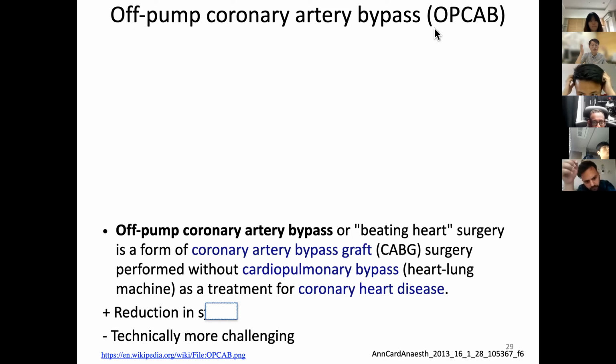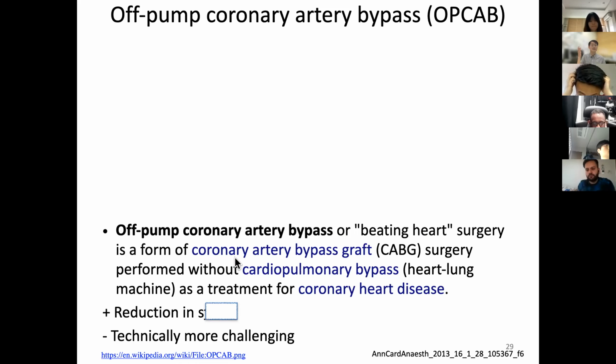So you remember the statistics, it has actually increased, and that's quite a new innovation. Off-pump coronary artery bypass, or beating heart surgery, is when you do CABG surgery but don't use this heart-lung machine, because this involves a higher risk of other problems.